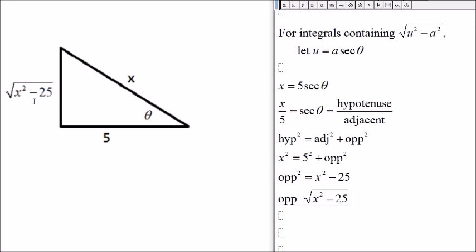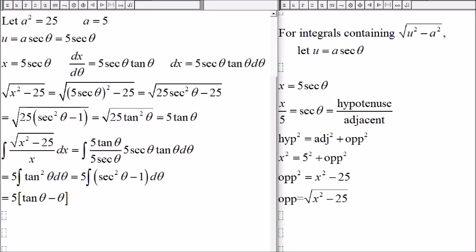So that's how we got x squared minus 25. And then if we look back at our expression here, we need theta and we need tangent of theta.